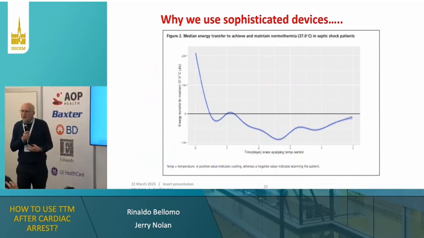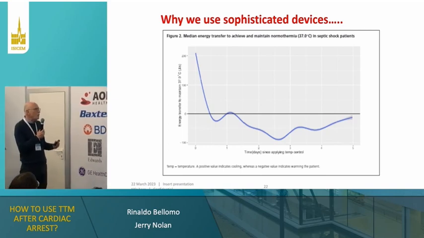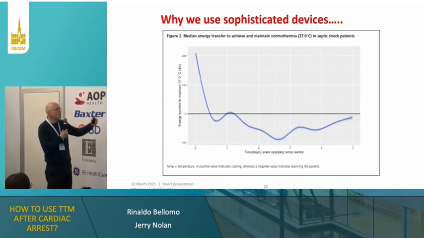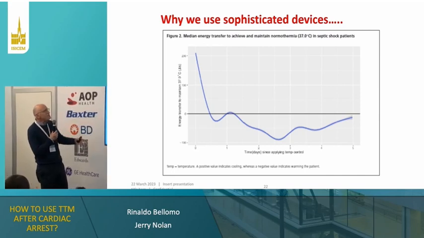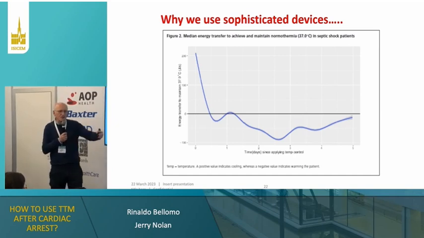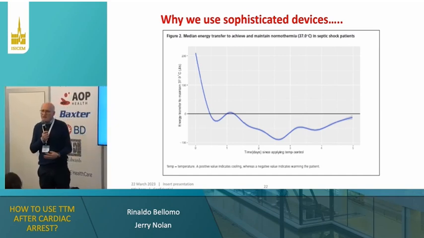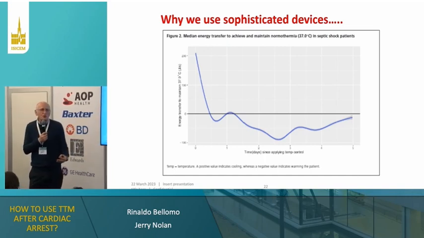And I like these devices for another reason: when we set up the temperature control, we can also estimate the energy transfer from the patient to the cooling device, that is, how much work the device has to do to control the temperature.